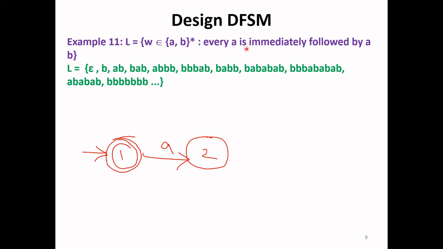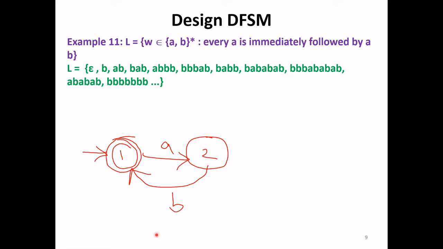If I have an A, then it must be immediately followed by a B, reaching the final state. So this is the language.